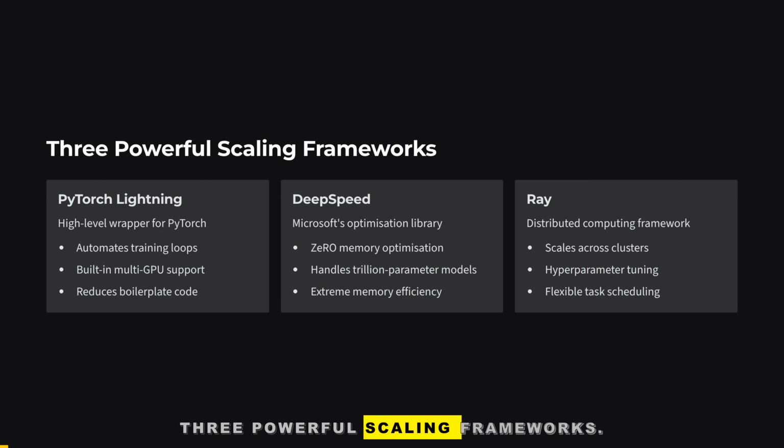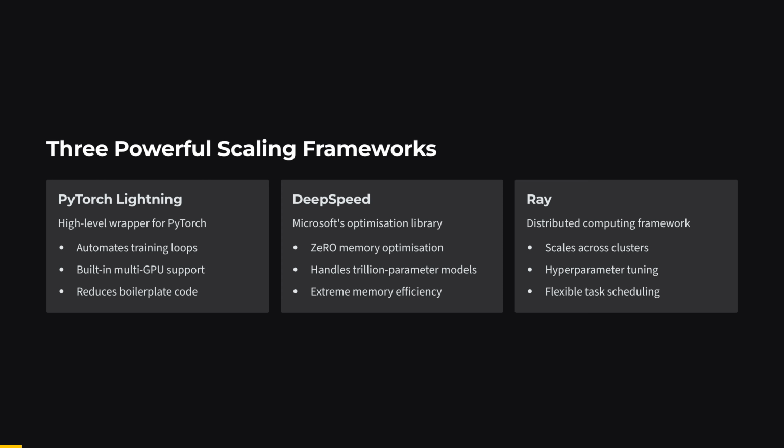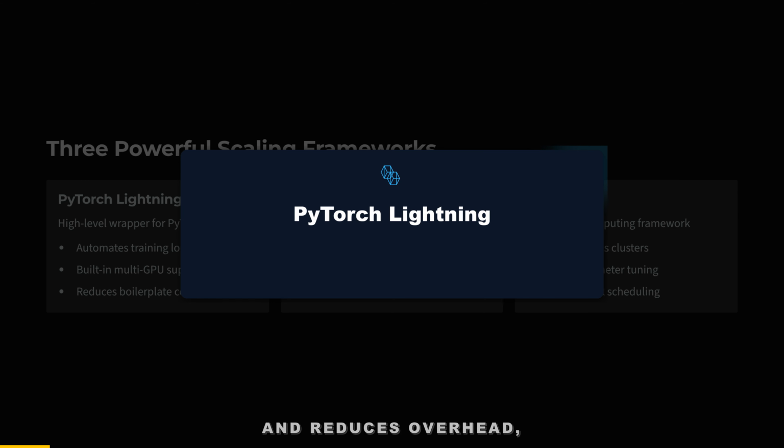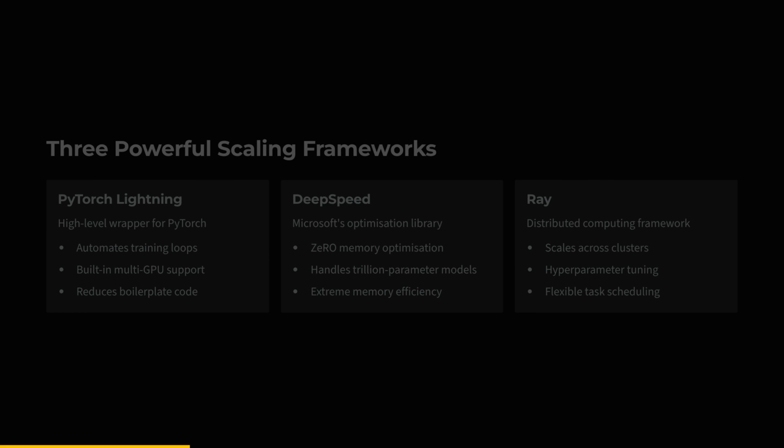3 powerful scaling frameworks. PyTorch Lightning removes boilerplate and reduces overhead, acting like an assistant who handles repetitive tasks. Built-in multi-GPU support ensures tensors land on the right devices and stay synchronized. On an 8 GPU system, this can save 10 to 20% of engineering effort.